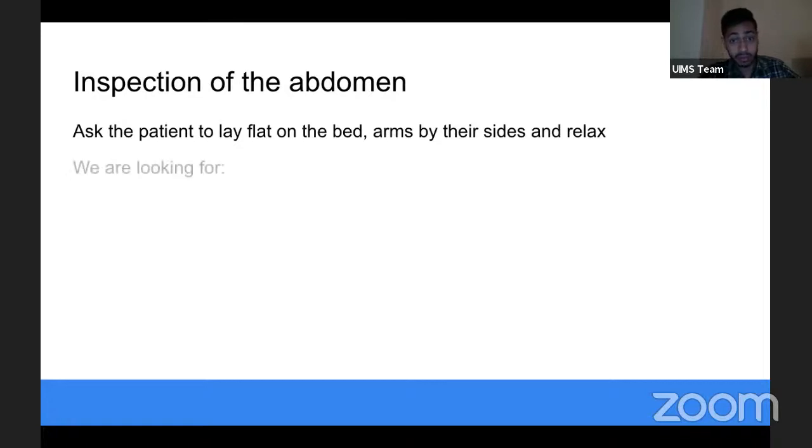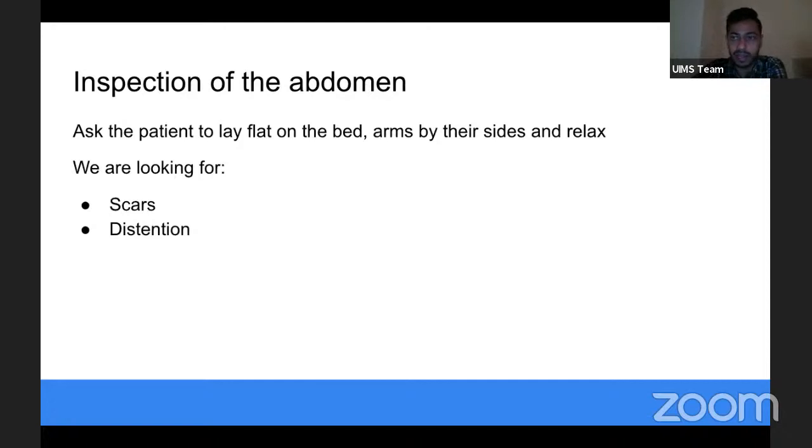What are we looking for? We're looking for scars, as I previously mentioned. The numerous different types of abdominal scars can provide clues as to the patient's past surgical history. We're looking for distension as well. Distension can usually be caused by the 6 Fs.